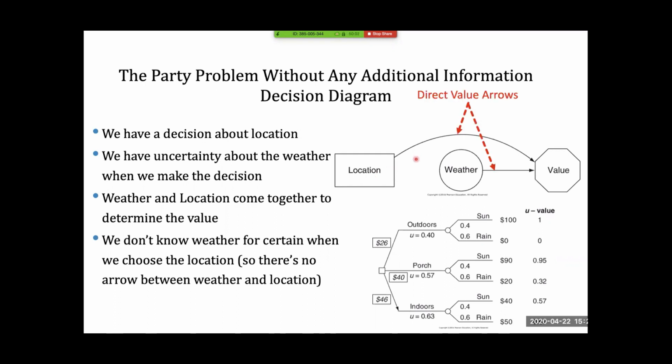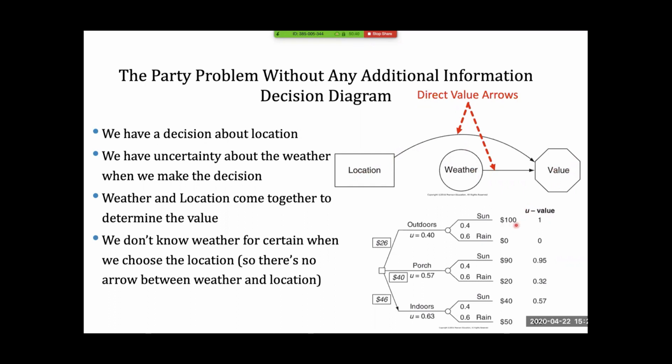So again, these two arrows would be direct value arrows. That means once we decide on a location for the party, and once one of the two possibilities of the weather becomes certain, then we know the value for sure. For example, if we decide to have the party outdoors, and the weather turned out to be sunny, then the value of the party is $100.